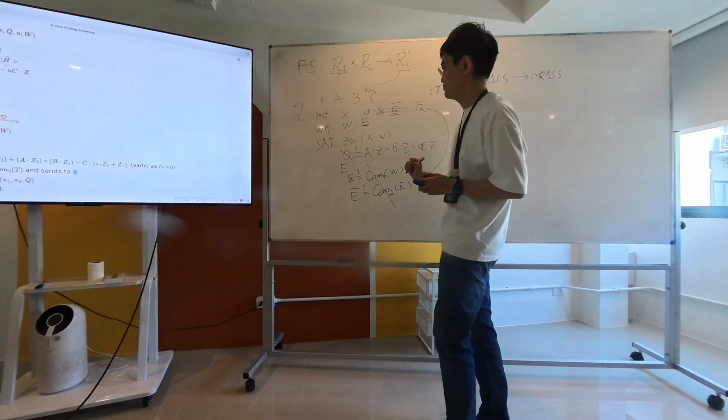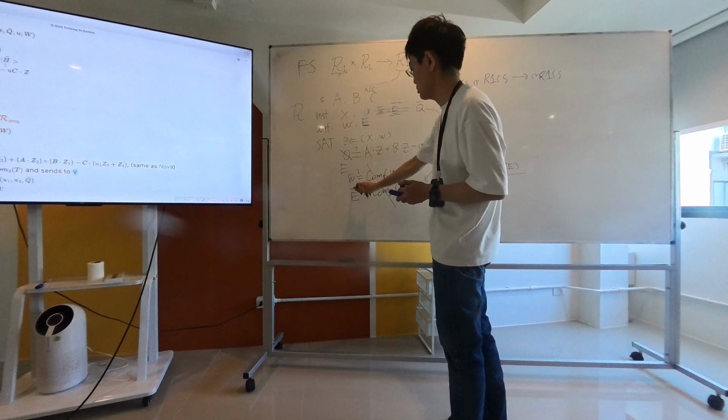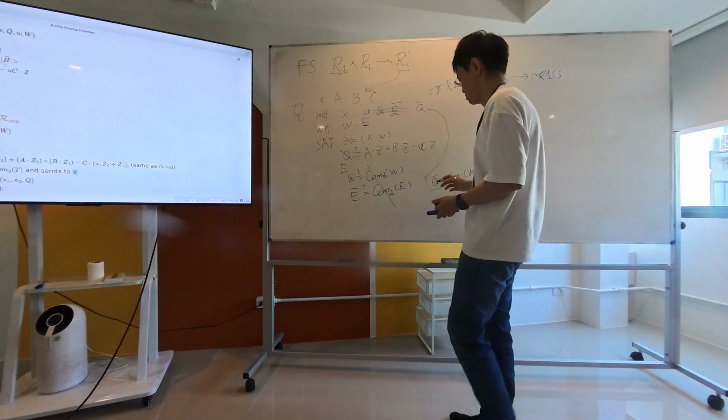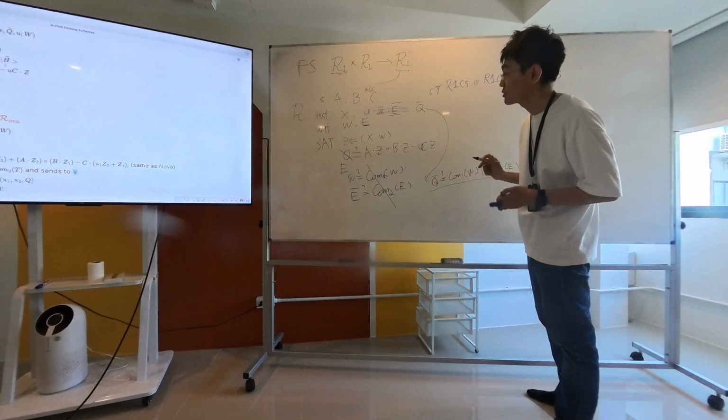So in the satisfaction part, you don't need to check W and E separately. You need to check one commitment here.